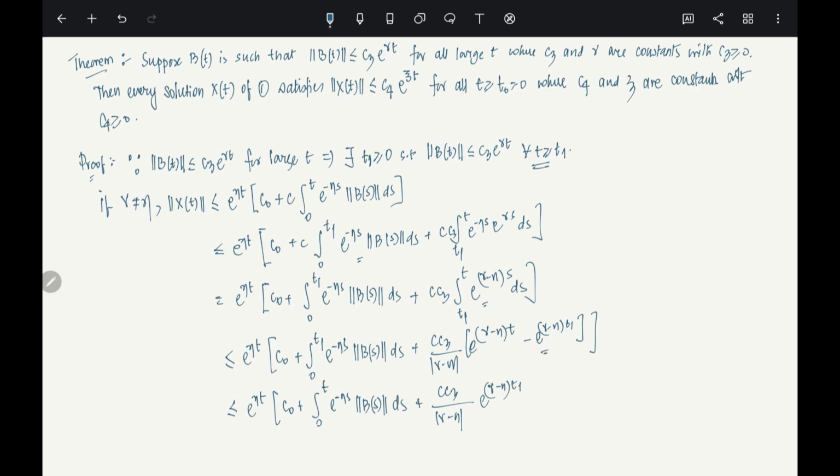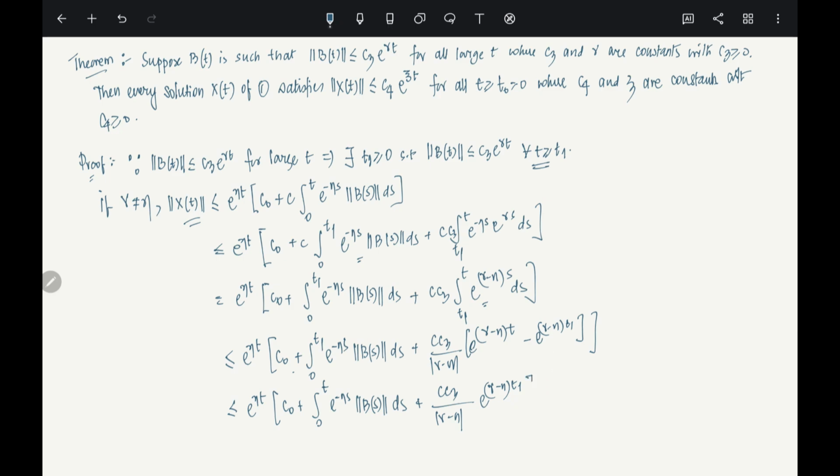Why can I change it to plus? See, this is a positive term. So basically this x of t is dominated by this particular term minus a positive term. So this will be dominated by this term plus that term also. So I can just change the sign, it's not a problem. Since the exponential of gamma minus eta times t1 is positive, the exponential map is positive, so we are using that fact.